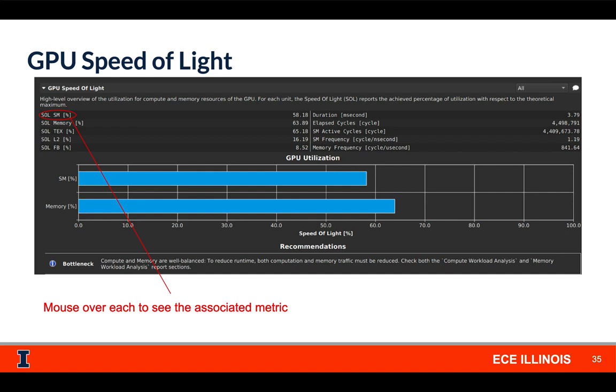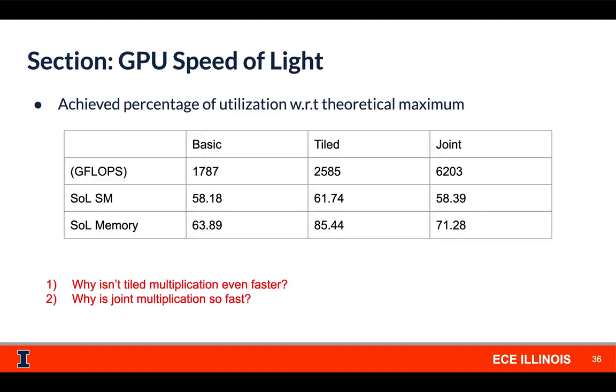I've extracted out some of the relevant numbers. This is the achieved percentage of utilization with respect to the theoretical maximum for the basic, tiled, and joint matrix multiplications, and I've put the gigaflops on there so you can remember.